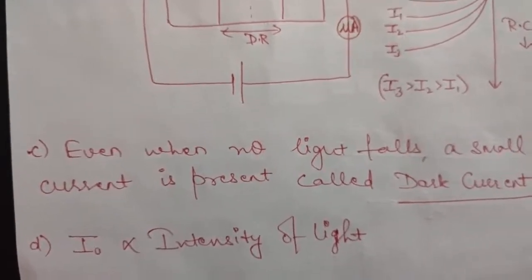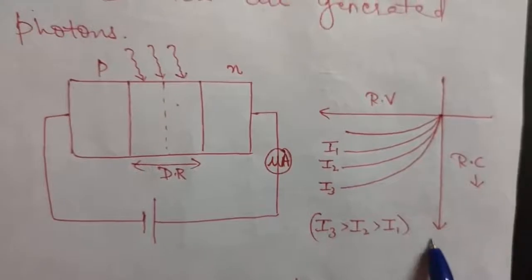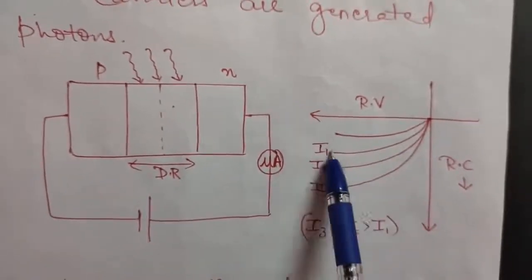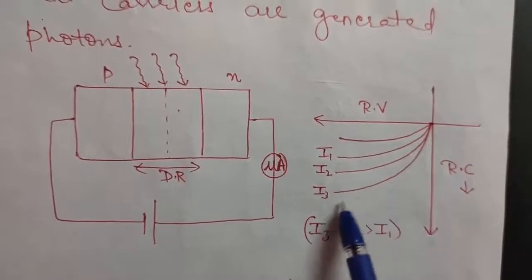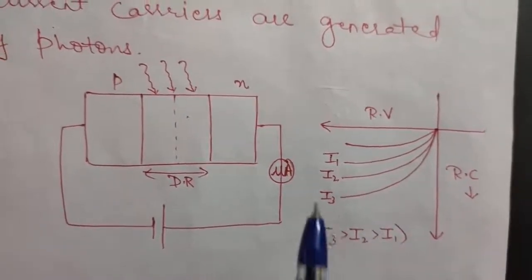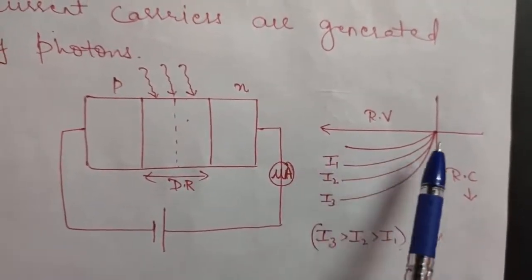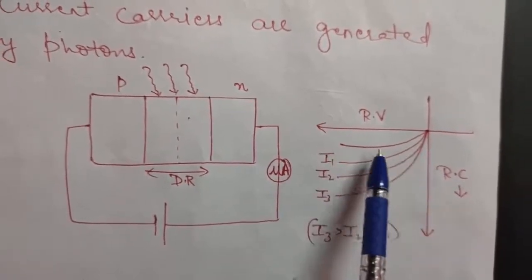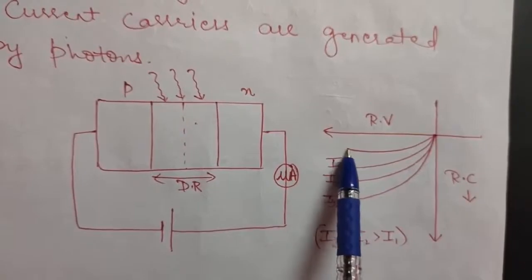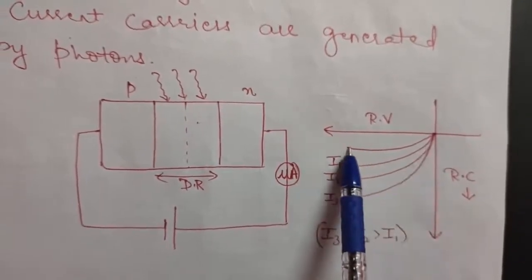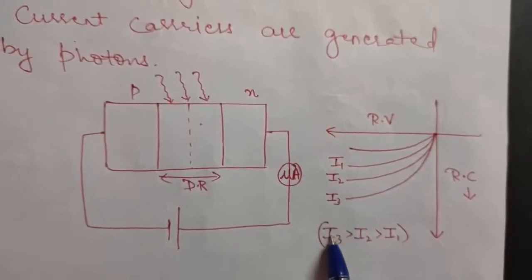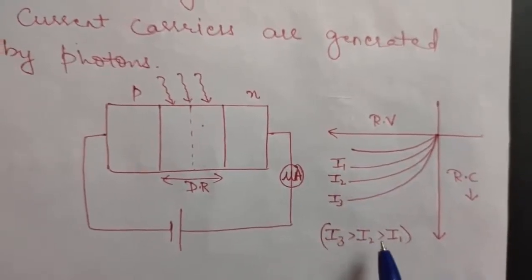Here I have plotted a graph between reverse current and reverse voltage. As you know, this type of graph we get for reverse biasing, which you have already seen. This line shows the dark current, when no light is falling on the diode. These other lines are for particular intensities such that I3 is greater than I2, which is greater than I1.